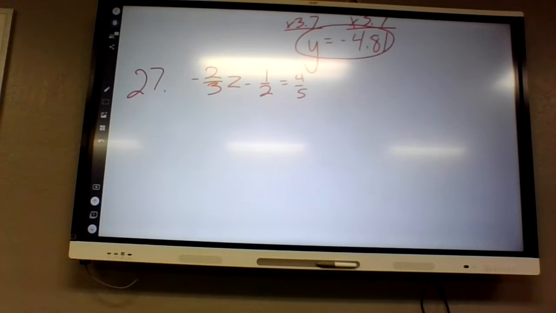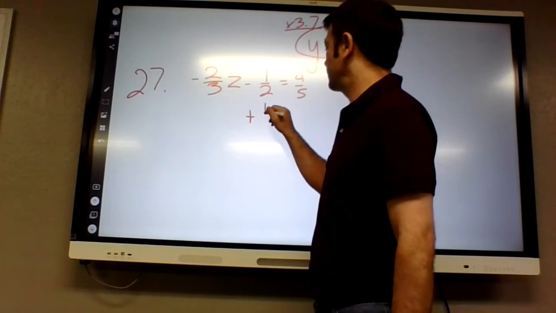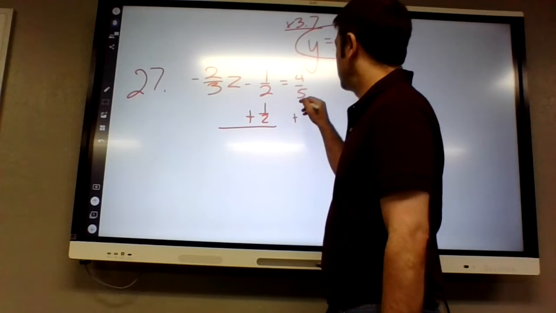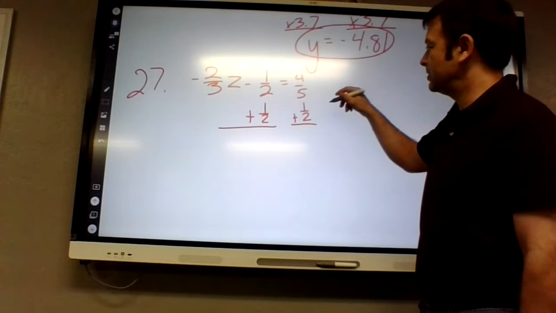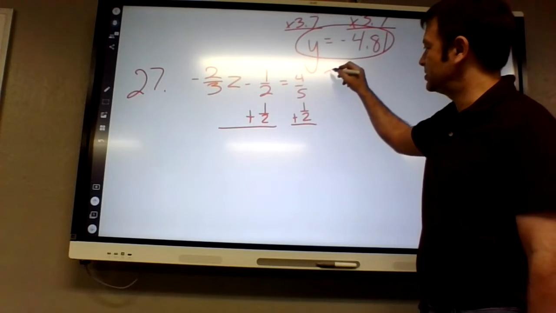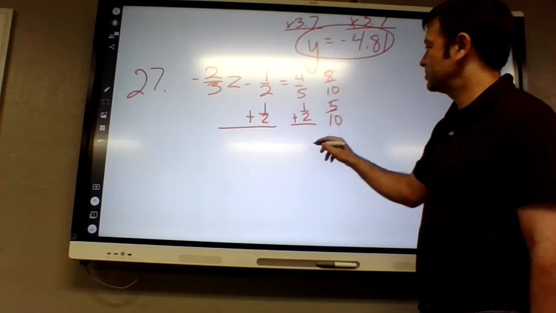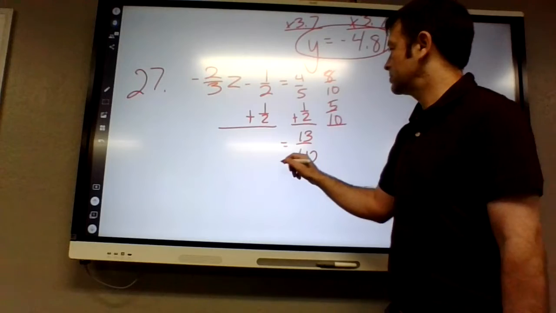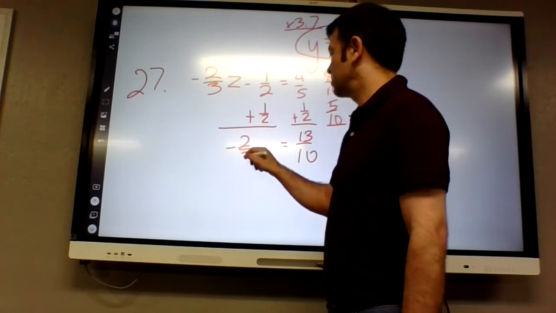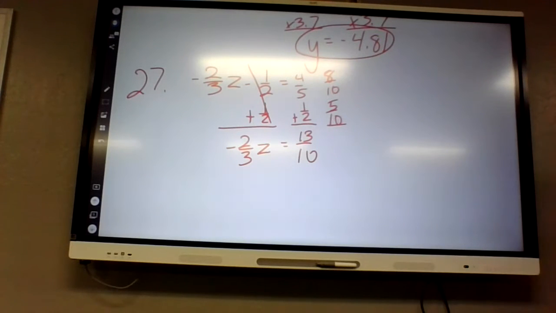We add 1 over 2. Okay, well, these both go into 10, so I could change this into 8 tenths plus 5 tenths. So that would be 13 tenths. And now what do we do, Sophia? Divide by negative 2 over 3.